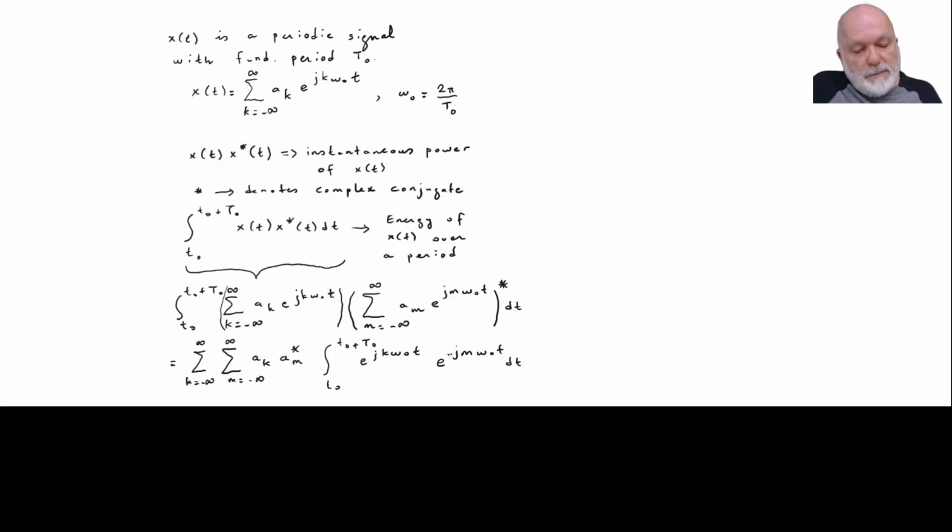Okay, this minus sign is coming from the conjugate of e to j m omega 0 t.